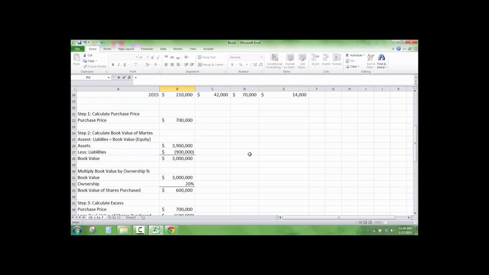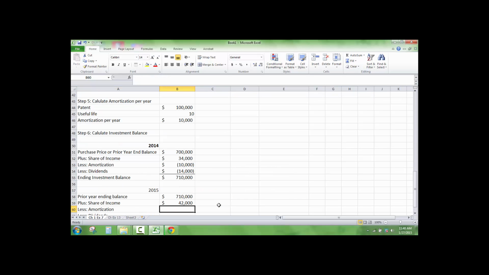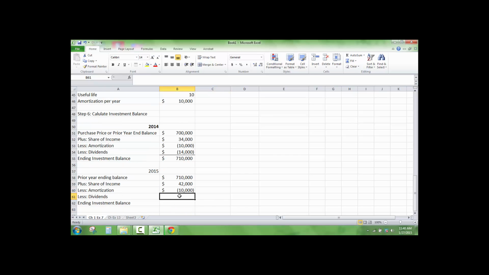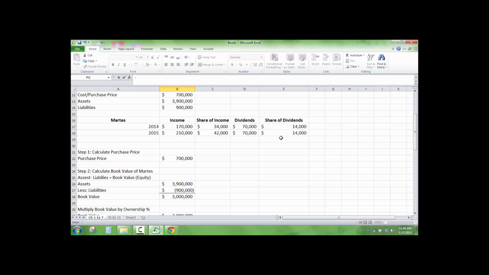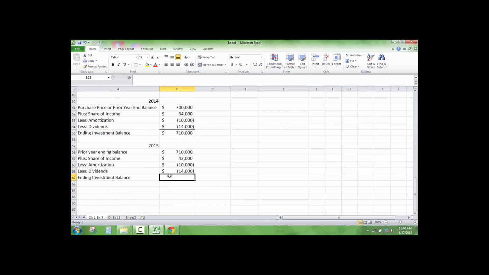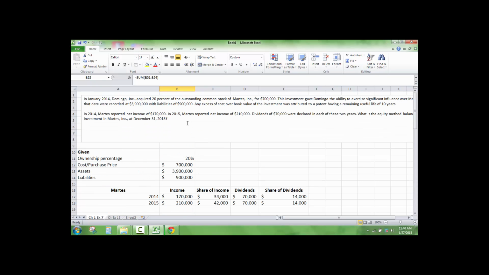Plus our share of income, less amortization per year, less dividends per year. And we're going to add this all up. So the answer to this is 728,000, our ending balance as of December 31st, 2015.